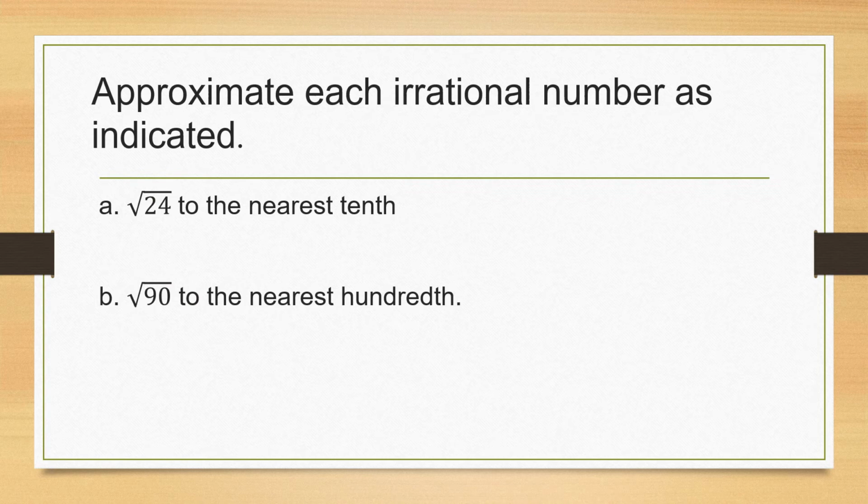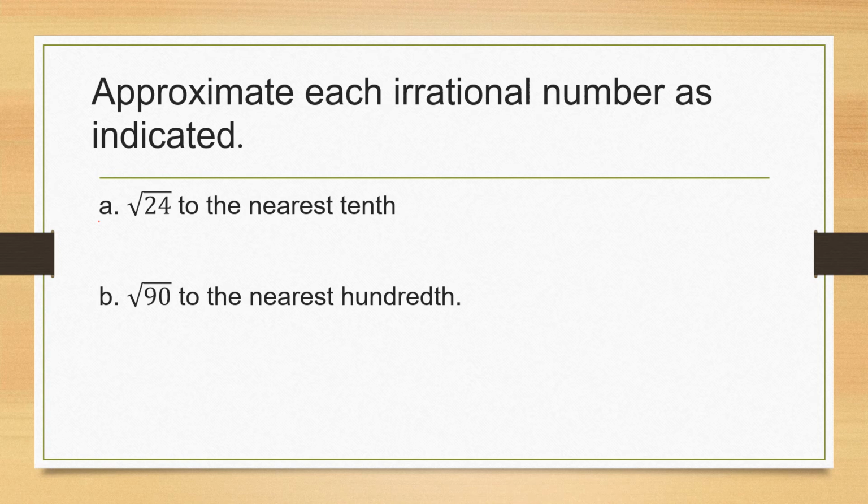All right, let's continue. So let us approximate the irrational number as indicated. Okay. So, example, letter A, square root of 24 to the nearest tenth. So we're going to estimate the square root of 24 to the nearest tenth. Okay.